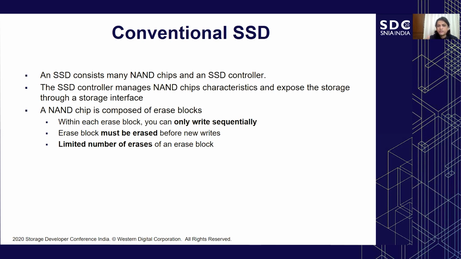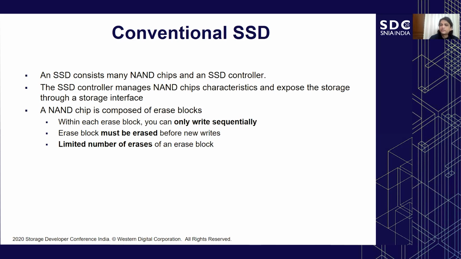A NAND chip is composed of erase blocks, and you can only write sequentially within these erase blocks. An erase block must be erased before new writes, and there is a limited number of erases of an erase block. Each erase block has a life, a certain number of program erase cycles, and once that reaches its limit, the erase block goes bad, so the life of the SSD reduces.